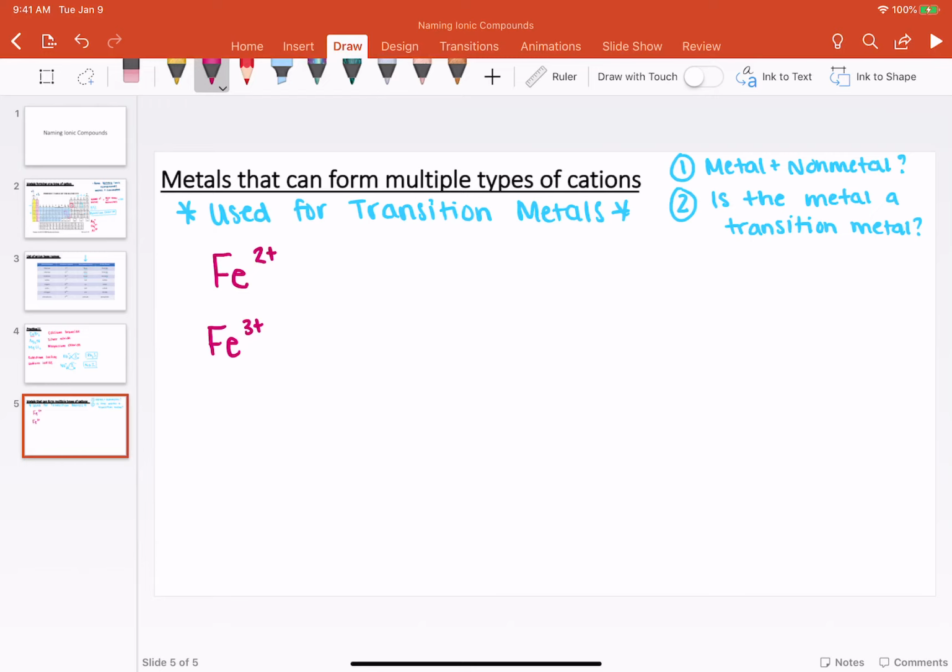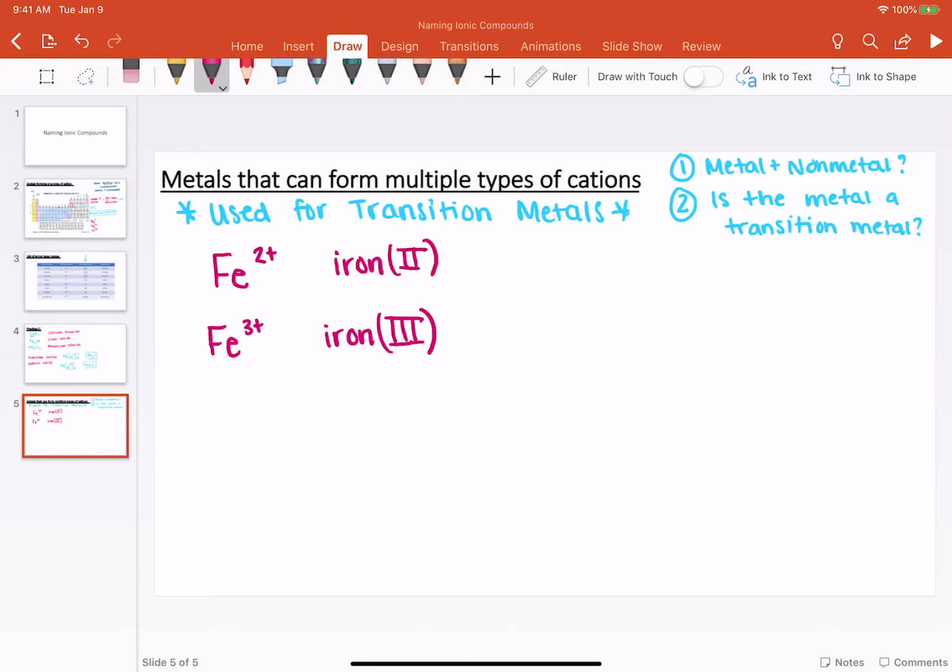So the way that we would name this is iron(II), and this one would be iron(III). Notice that the Roman numeral does not tell the number of iron atoms we have. It tells us what the charge is.